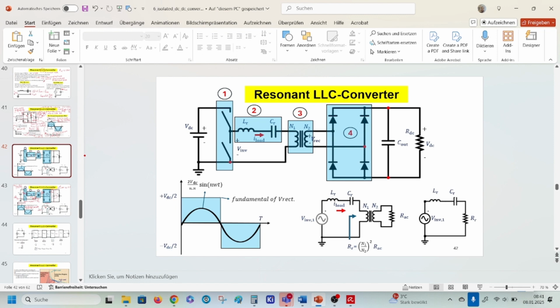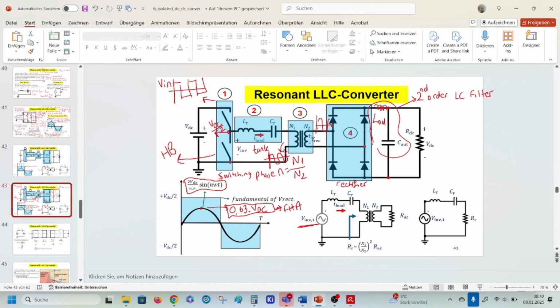If I turn my upper switch on, the current will flow in this direction. And maybe I should show it here.